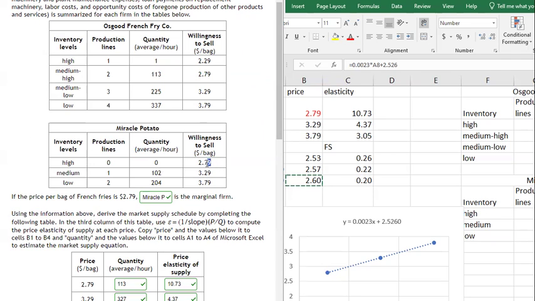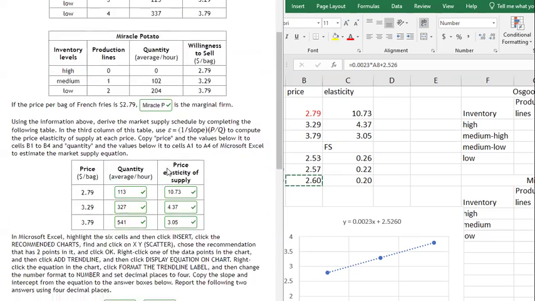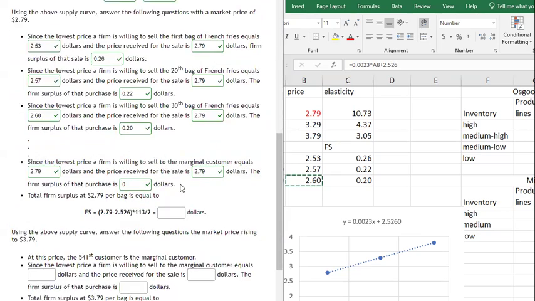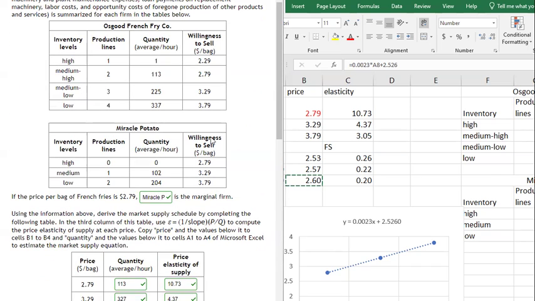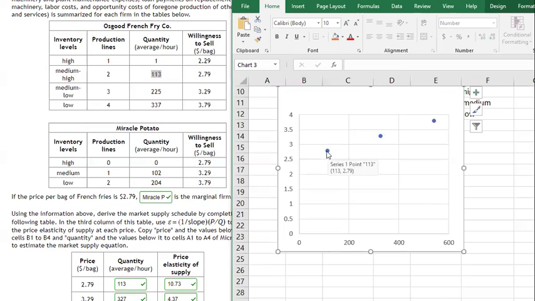When the price gets to $3.29, they're going to start production line 1, and all of a sudden they're going to be going from 0 bags of French fries produced to 102 bags of French fries produced per hour, right? Okay, so at this price of $2.79, at this dot, the quantity supplied is 113. And the price is $2.79.